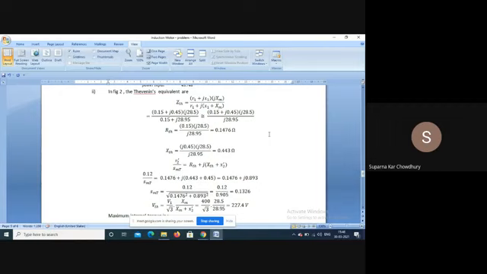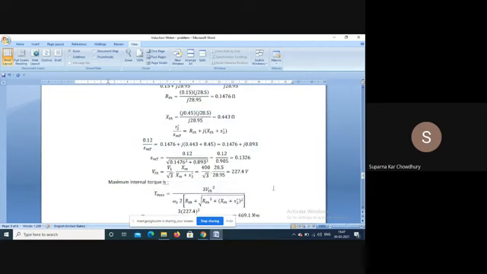So putting the values, 0.12 divided by SMT, where SMT is the slip at which maximum torque occurs, is equal to R Thevenin plus X Thevenin plus X2 dashed. So we can get the magnitude of this, and from here we get SMT equal to 0.1326.